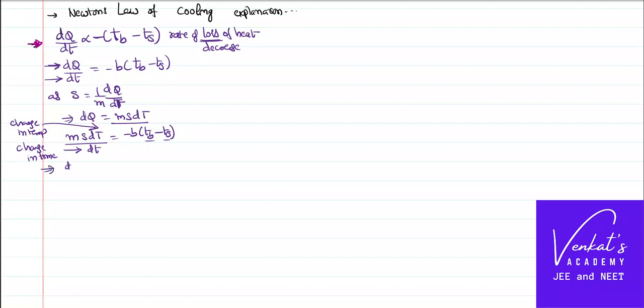This implies the rate of change of temperature: you can take m and s to the other side, minus b by ms times the temperature of the body minus the temperature of surroundings. So the rate of loss of temperature equals some constant, of course minus is symbolic, times the temperature of the body minus the temperature of surroundings.